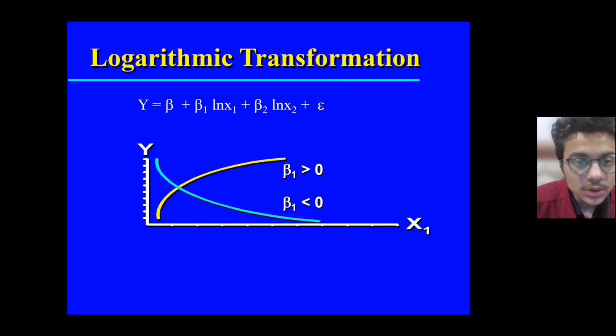Logarithmic transformation. This is the equation for logarithmic transformation, and the graph represents the log function. The yellow one is for beta 1 greater than 0, and the blue one is for beta 1 less than 0.